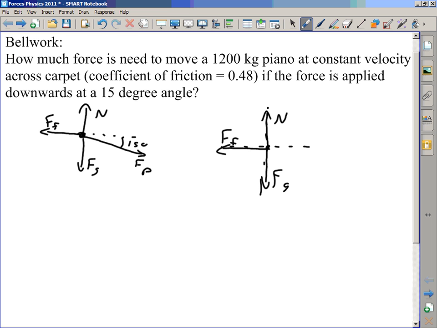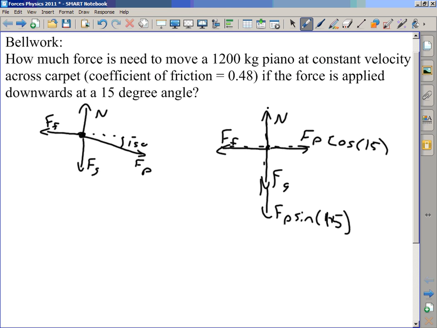Right on the X becomes what? How about on the Y? Good. Fp cosine 15 and Fp sine 15.